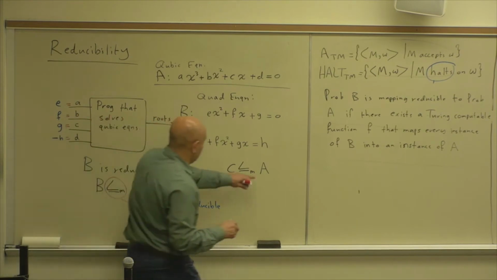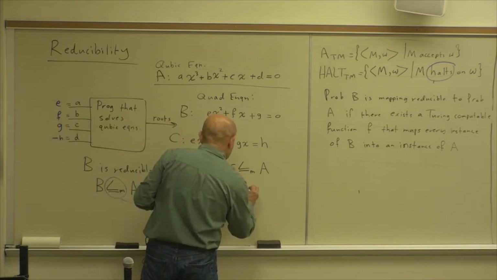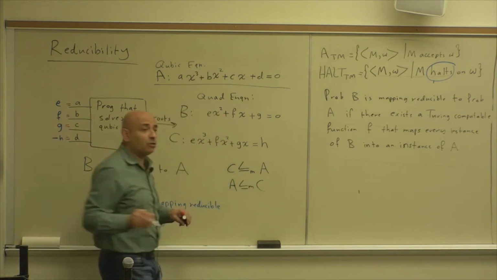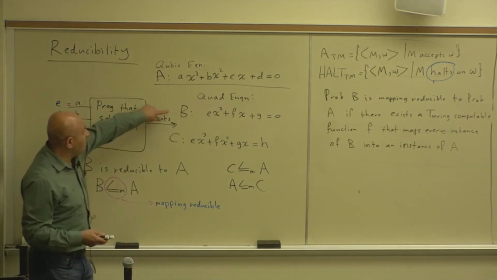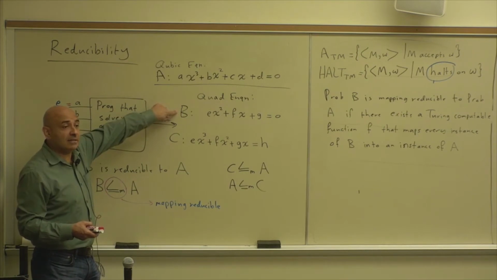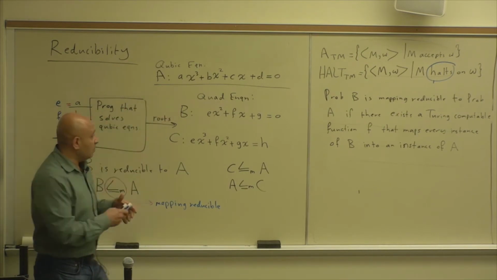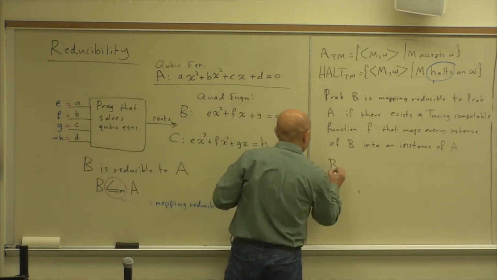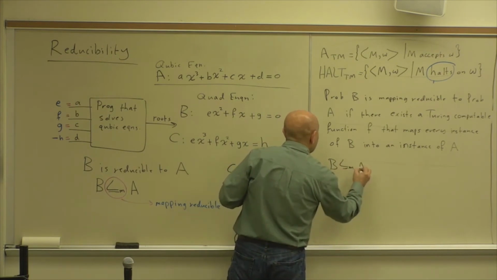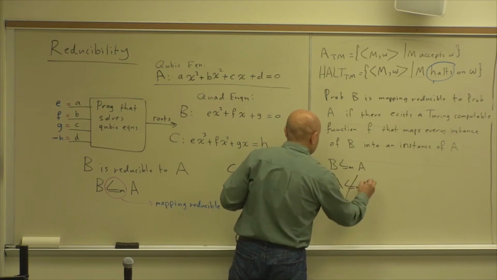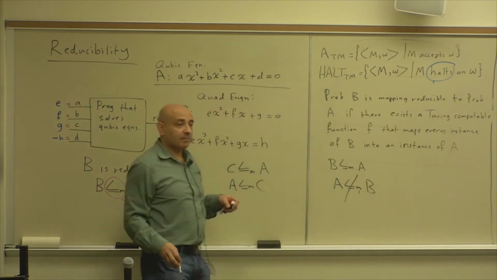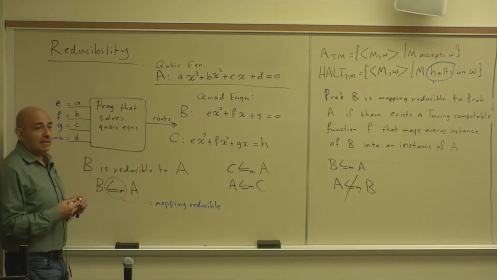So C is reducible to A and A is reducible to C, because in this case, A and C are two forms of the same problem, while this bidirectional relation does not exist between A and B. B is reducible to A, but A is not reducible to B, because A is a more general problem.